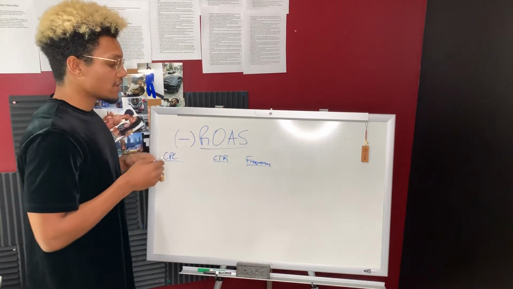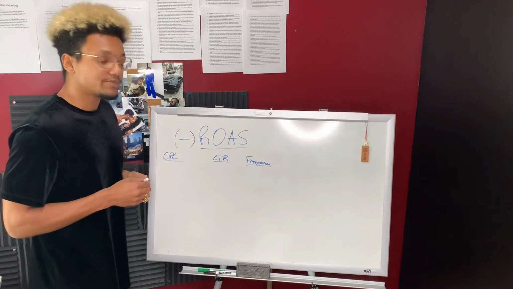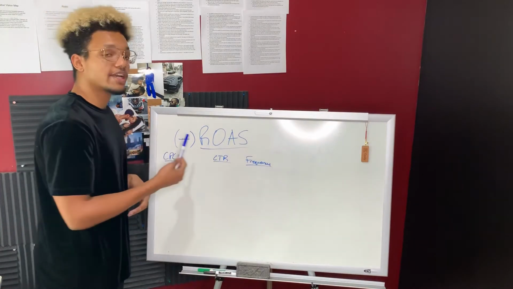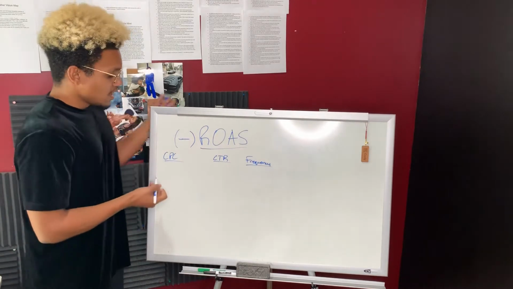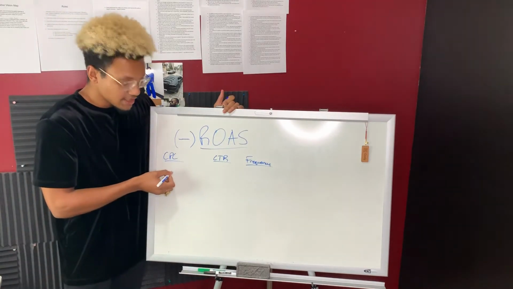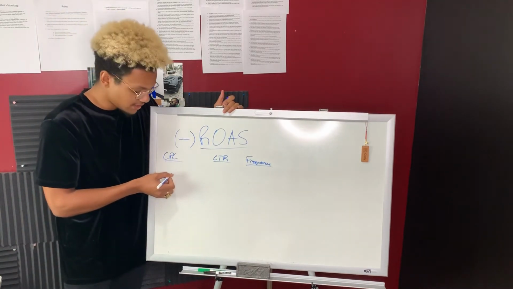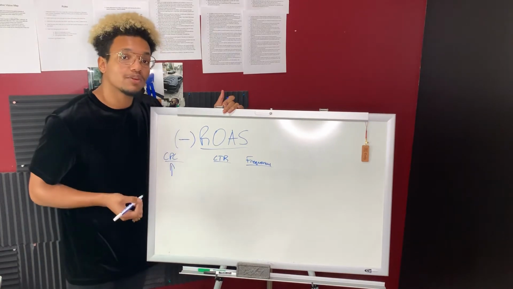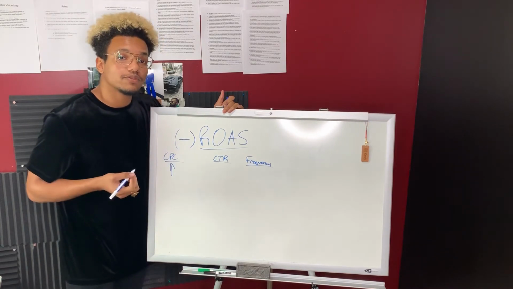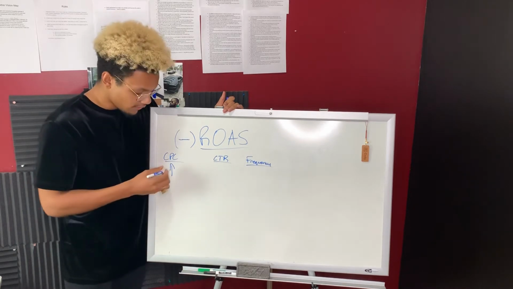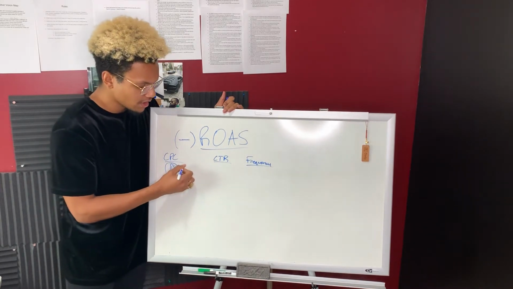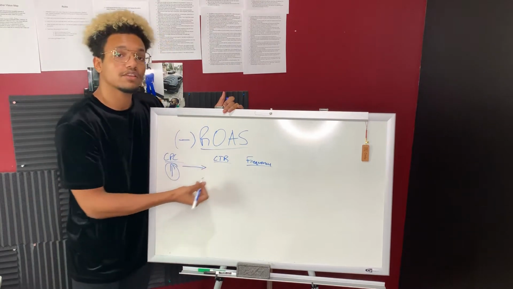So here's where they all link together, right? Let's say your ROAS is underperforming, it's under the KPI target. First thing to check is if your cost per click is increasing. Is it getting more expensive to convince somebody to click on the ad? If it is, then the next thing we look at is the click-through rate.